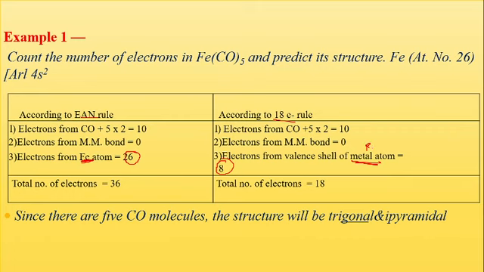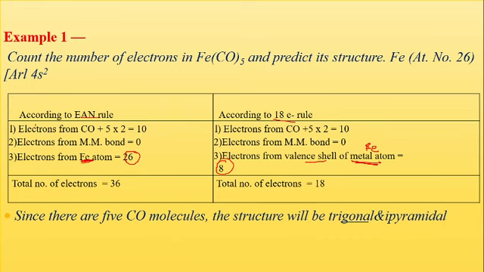Here the metal atom is Fe. In EAN, we consider the atomic number, or total number of electrons of Fe, and in the 18 electron rule, we consider only the valence electrons.